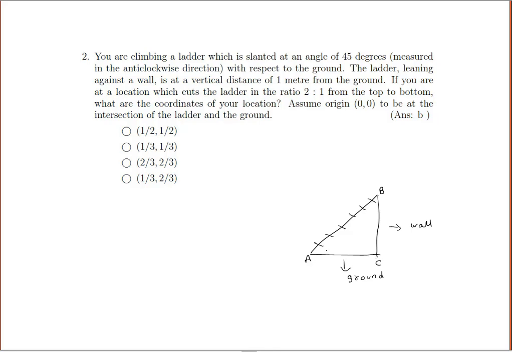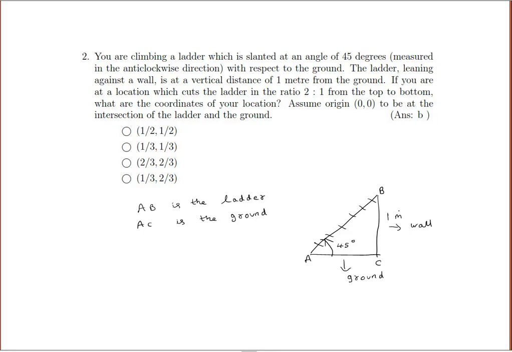So with respect to AC, AB is the ladder and AC is the ground. So AB makes an angle of 45 degrees measured in the anti-clockwise direction, which is this. So this angle is 45 degrees. And we know the ladder leaning against the wall is at a vertical distance of 1 meter from the ground. So this distance BC is 1 meter.